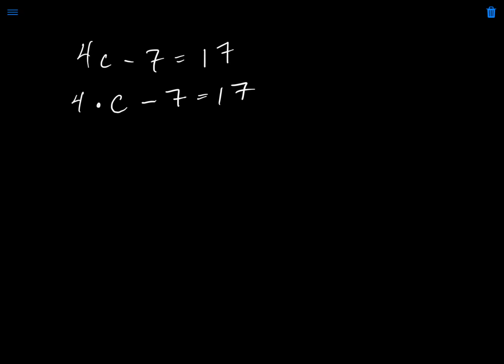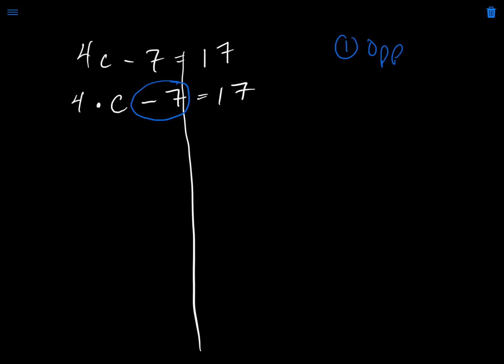So the first thing I'm going to do is draw my line to separate my answer from my expression. And I need to focus first on this guy right here. So I'm going to do the first step. I'm going to do the opposite of minus 7, which means I'm going to add 7. But what I do to one side, I do the same to the other side.